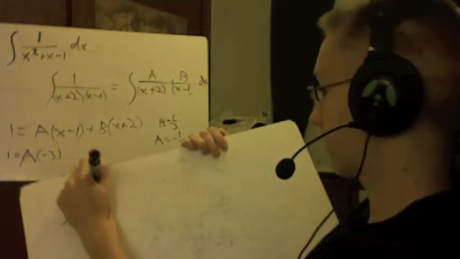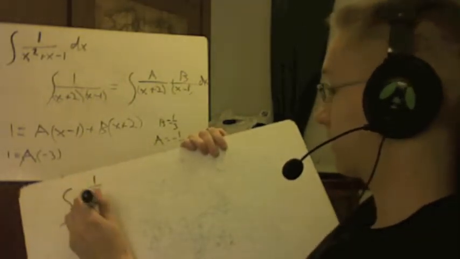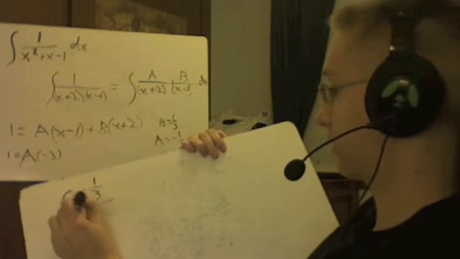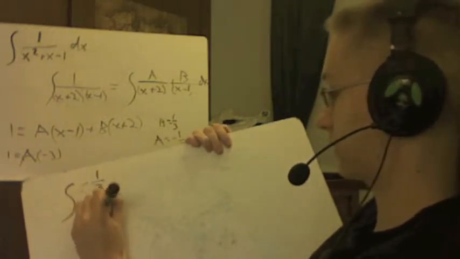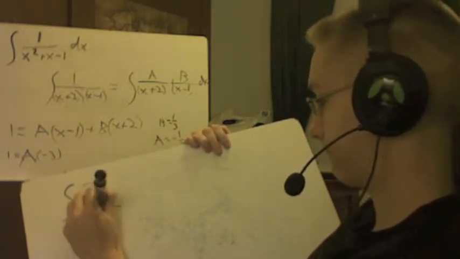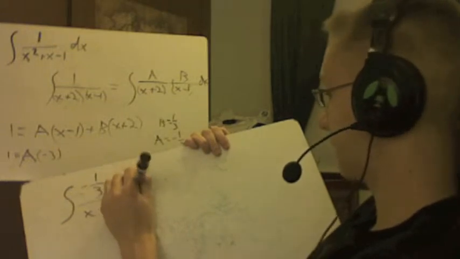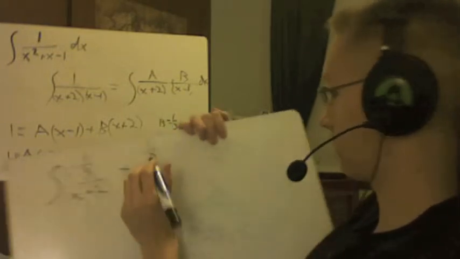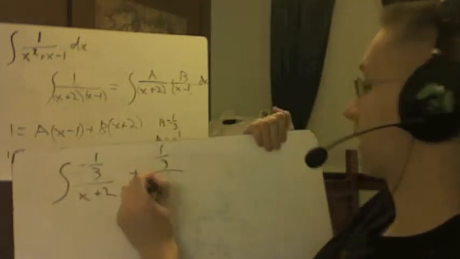So a was negative 1/3, all over x plus 2, plus 1/3, which is b, all over x minus 1.